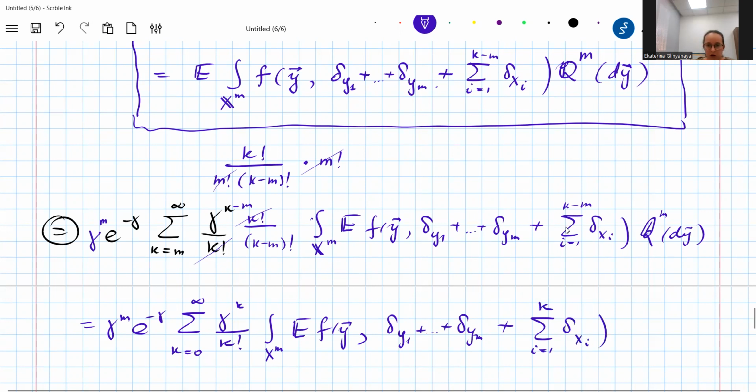So here I just make the change of variable of k minus m to k.